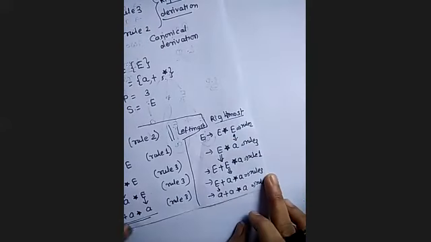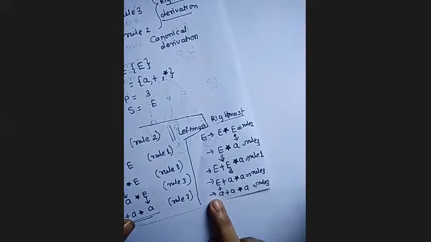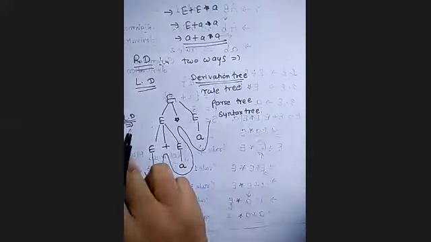Yes, ma'am. So now you have noted this, no? Rightmost derivation. Now you tell me how you will draw the syntax tree or the derivation tree from it. This we have already done for the leftmost derivation.